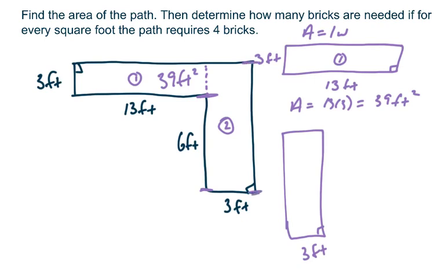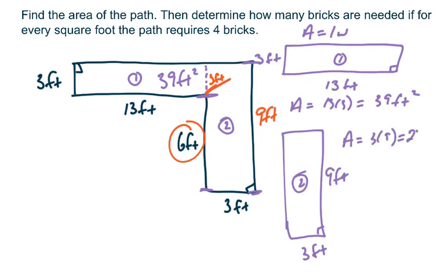So I have to look across and say, wait a minute, this little dotted line is actually 3 feet. So 6 plus that 3 gives me the side of this to be 9 feet. So then I add that 9 because that's what's going to be important to me right here. And then we're going to use the formula, 3 times 9. And we're going to get 27 feet squared.